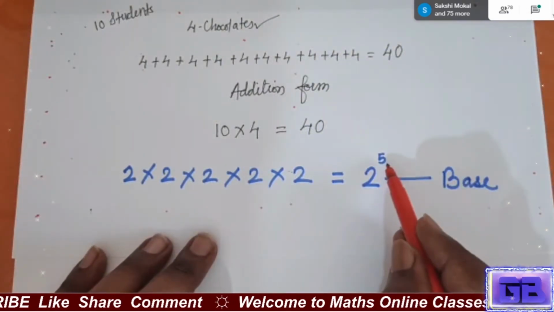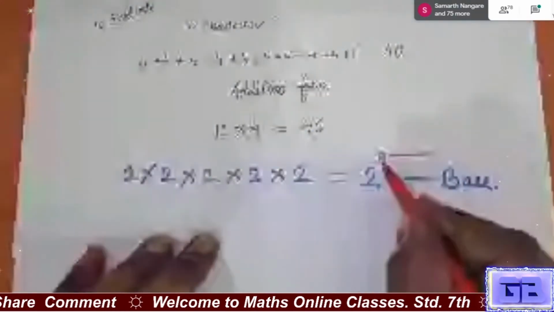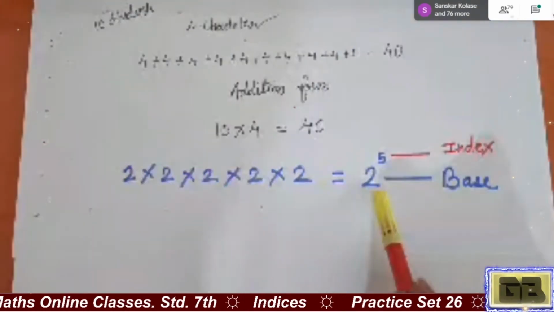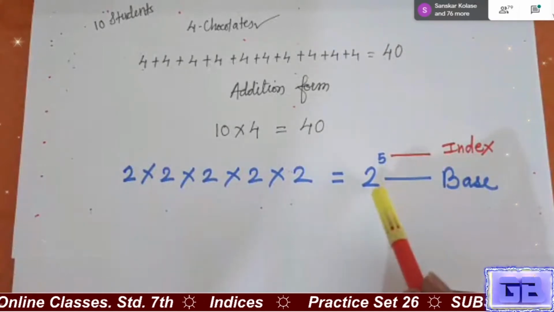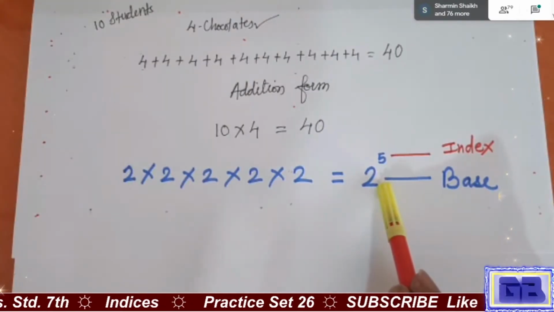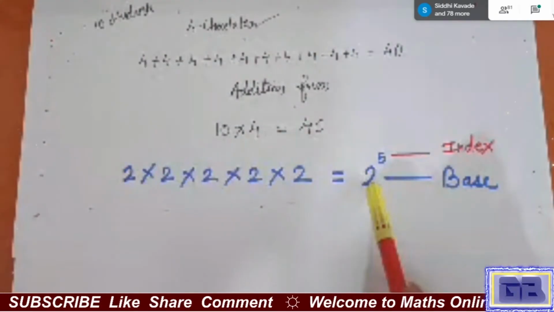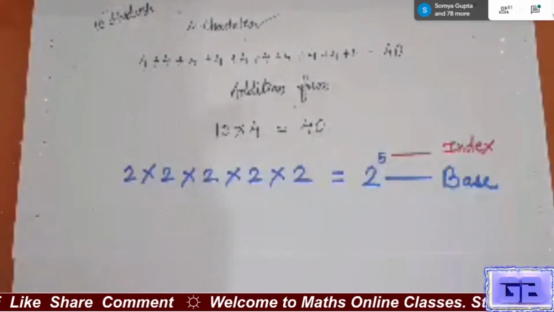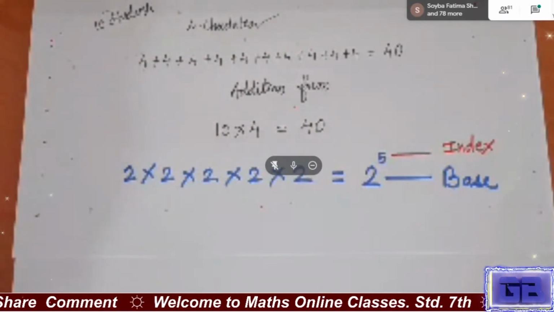And this small number that we have written above it is called the index. Here it is 2, here it is 5. The meaning of this arrangement is that we have to multiply 2 how many times? 5 times. Now we will see what answer we get by multiplying all these numbers.